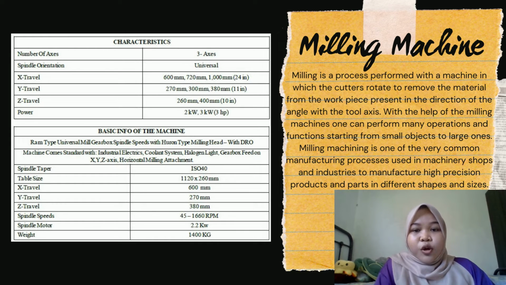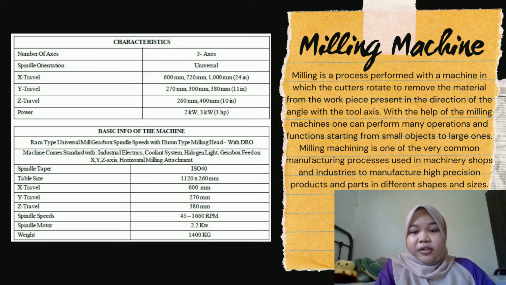So next, we're going to look at the characteristics of the milling machine. Firstly, we use 3-axis milling, and the spindle orientation is universal. As there are 3 axes, for the X travel there are 600 millimeters, 720 millimeters, and 1000 millimeters.